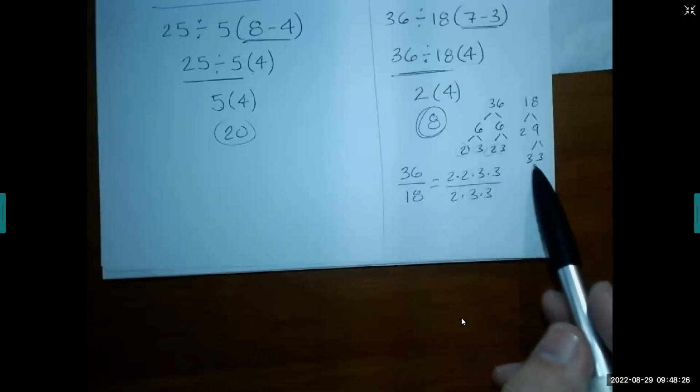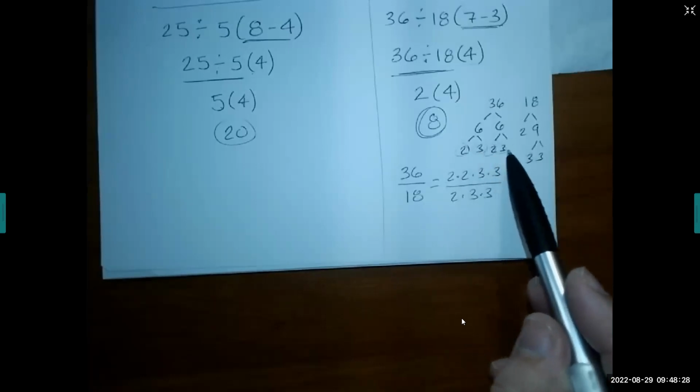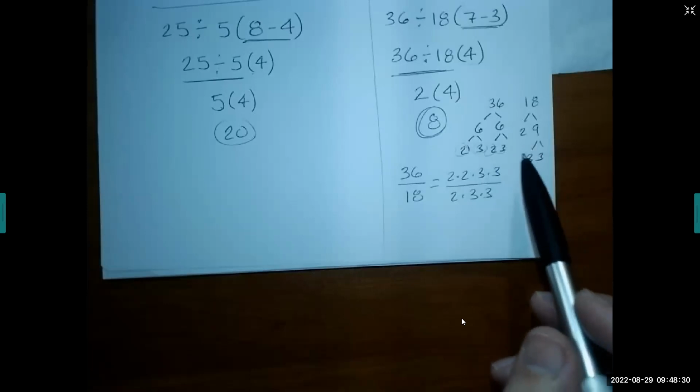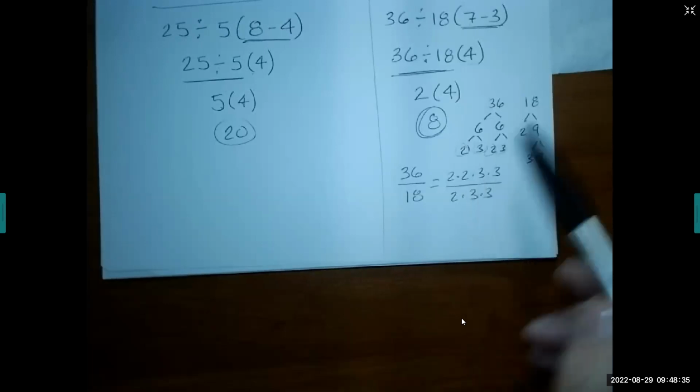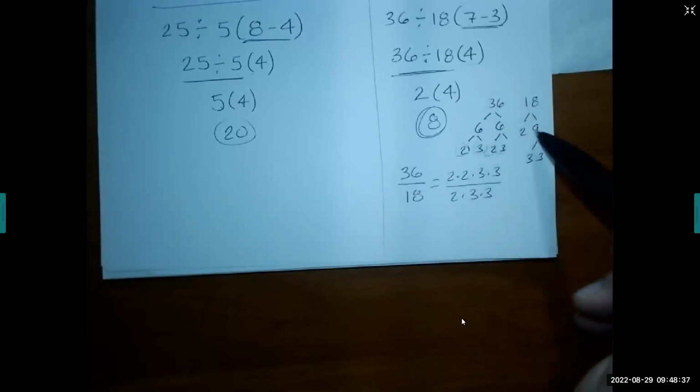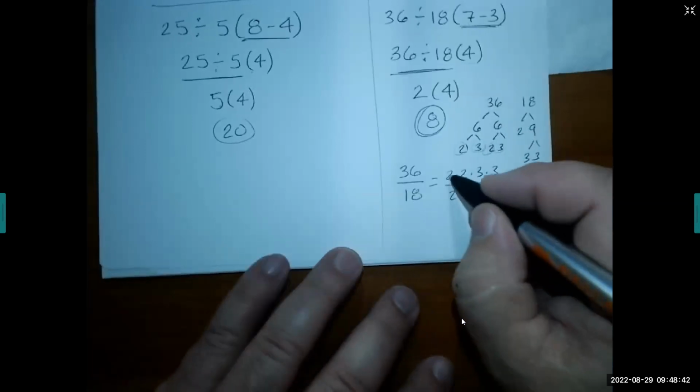What is this process called? Prime factorization. Very good. We took it to the smallest numbers. The front end is all the hard work. But once you get that done, now all we have to do is cancel.